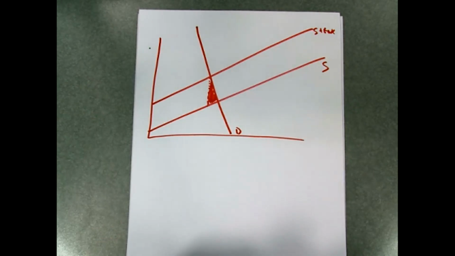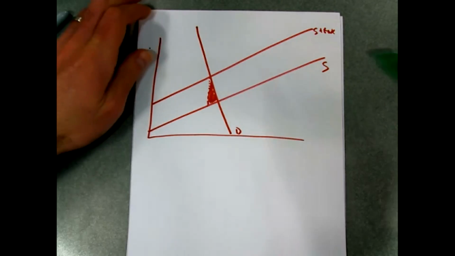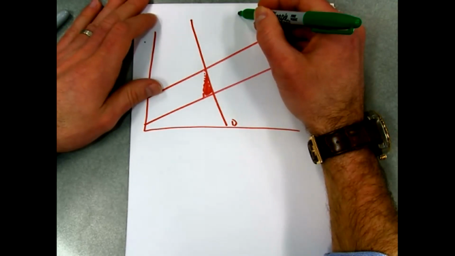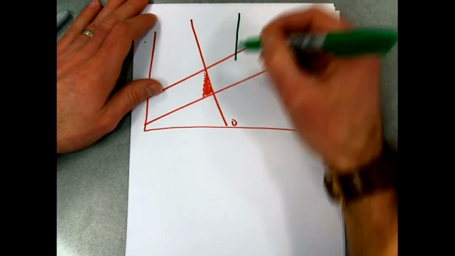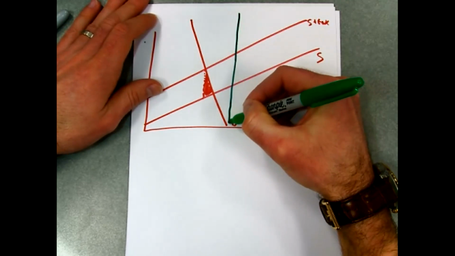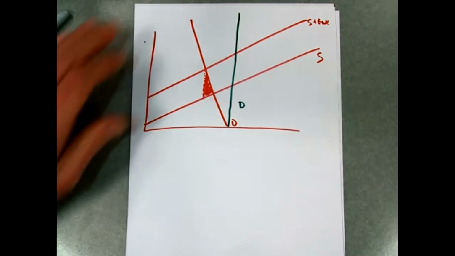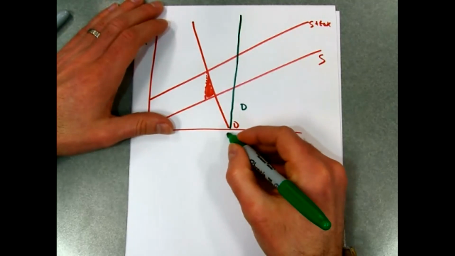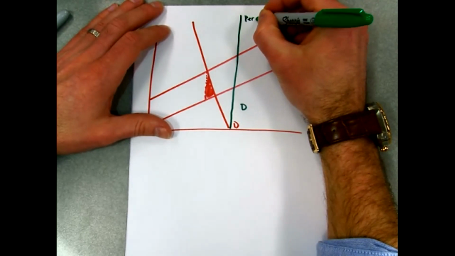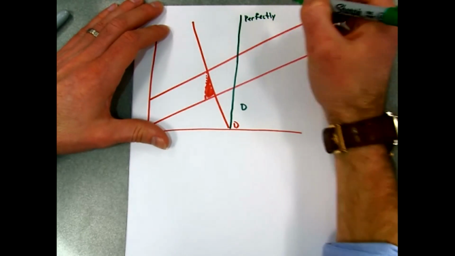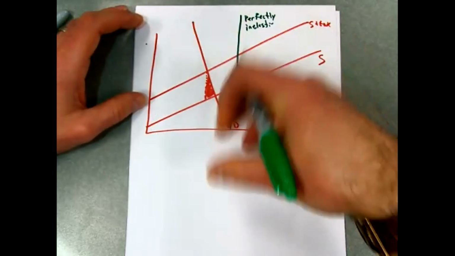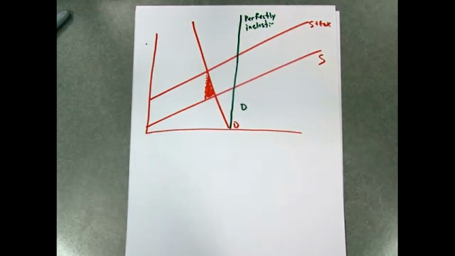What if I had a demand curve that was perfectly inelastic, right? So we would call this vertical demand curve perfectly inelastic in the sense that no matter what the price is, no matter what the change in the price is, I'm demanding the exact same amount.